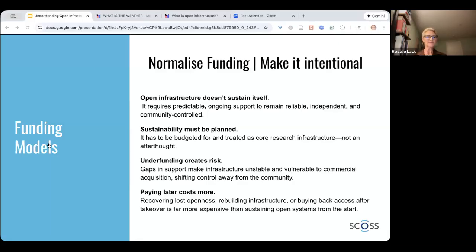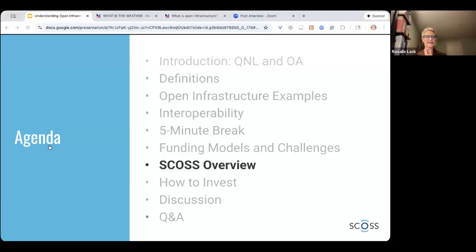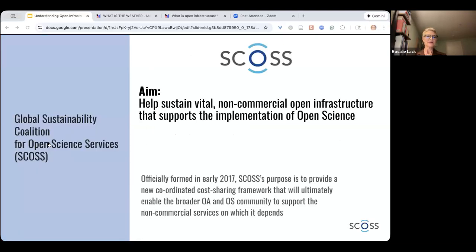So that's where SCOSS comes in as a model for how to fund these kinds of resources. It's a nonprofit organization, and their aim is to help sustain vital, non-commercial, open infrastructure that supports the implementation of open science.